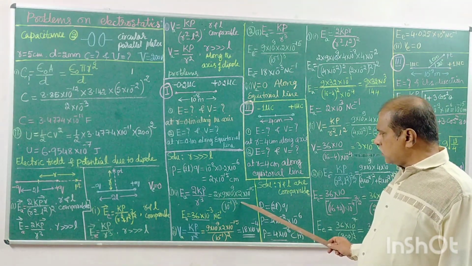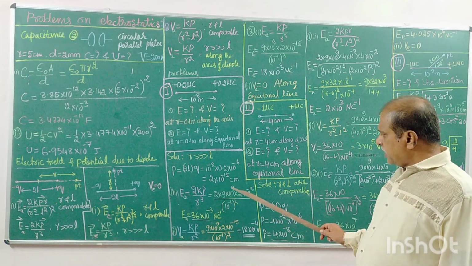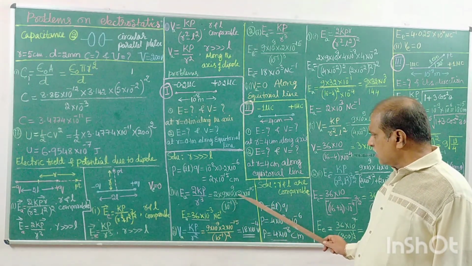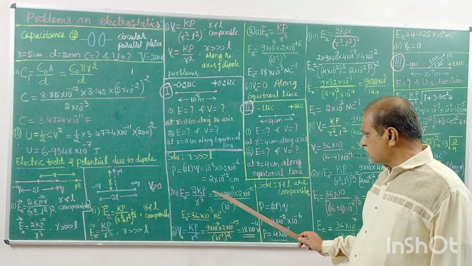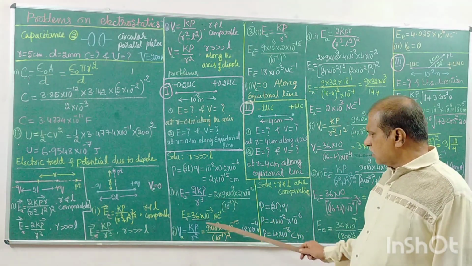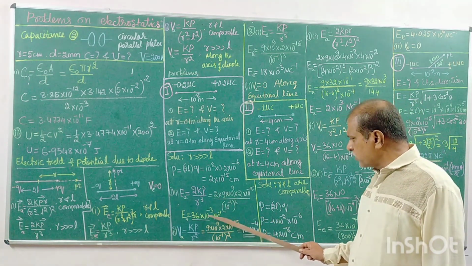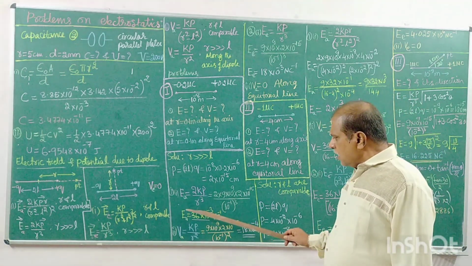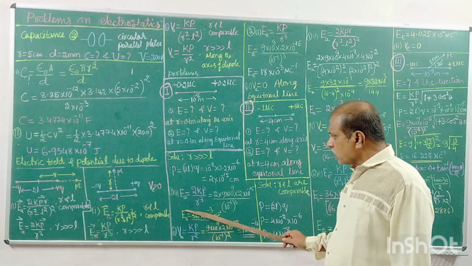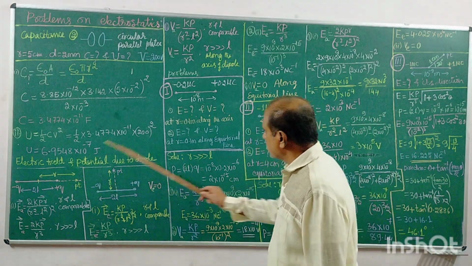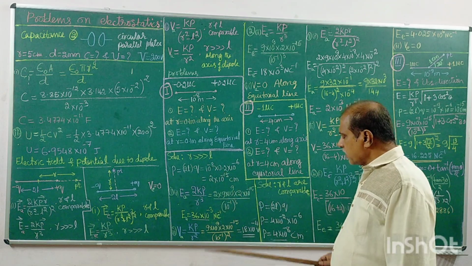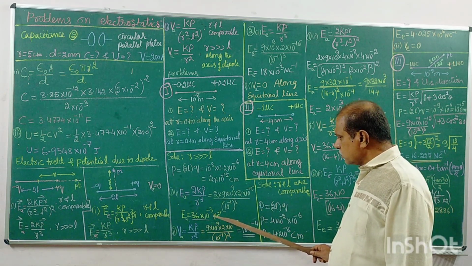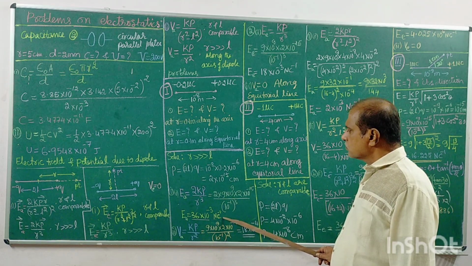Now simplify the powers of 10 separately. They get cancelled, leaving 10 to the power of minus 3, and the numbers give 36. So 36 into 10 to the power of minus 3 is the electric field at this point along the axis, in Newton per coulomb.